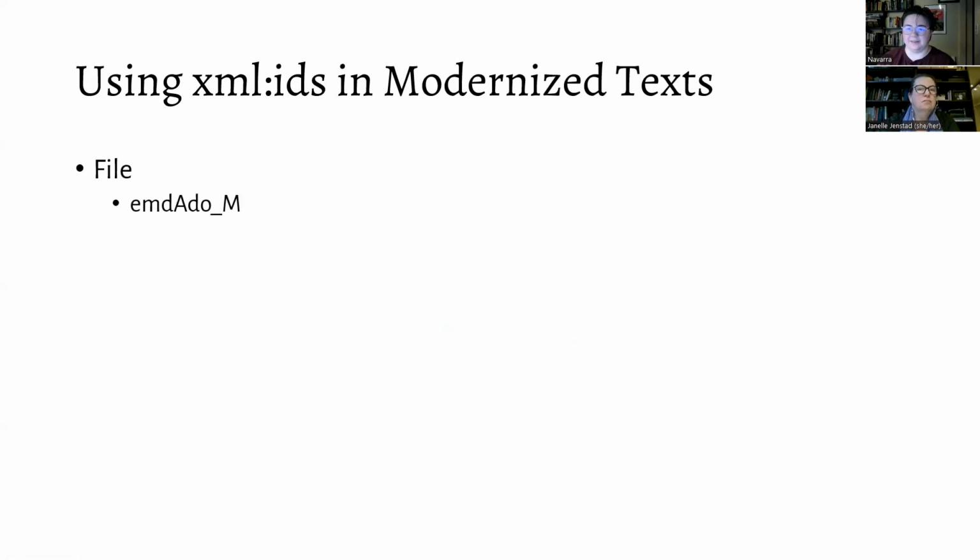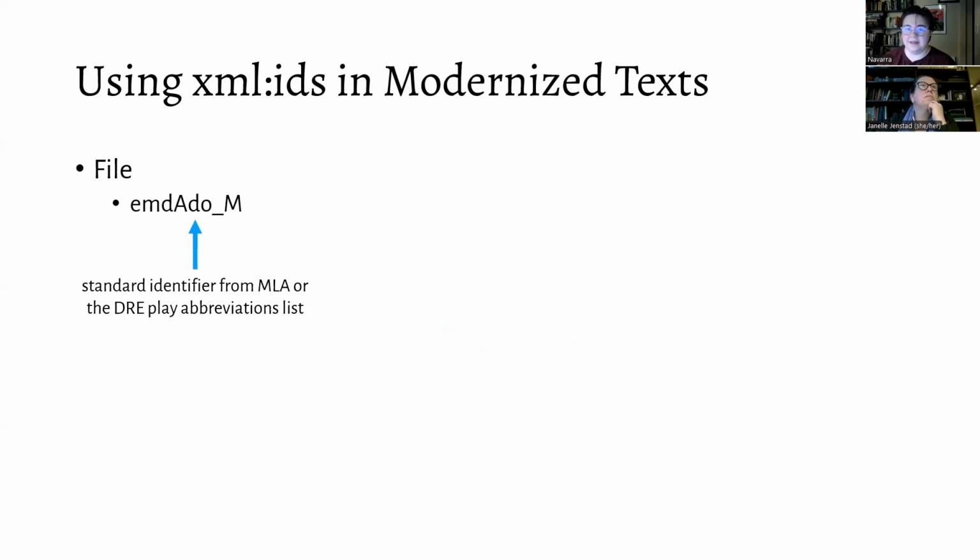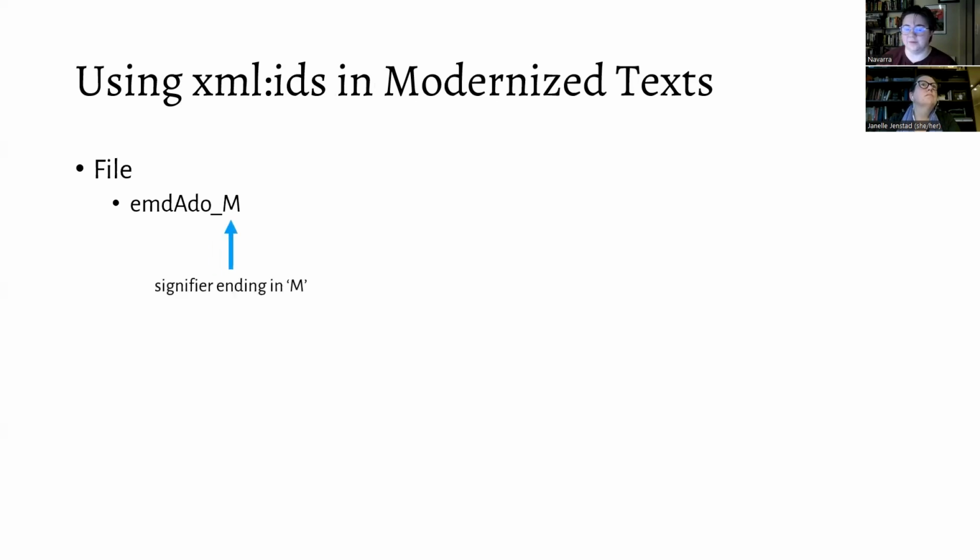They're formatted like this. It starts off with EMD, which stands for Early Modern Drama. Then we put the standard identifier either from MLA, or if there isn't anything in MLA for your particular text, from the DRE play abbreviations list, an underscore, and then an M for modern.